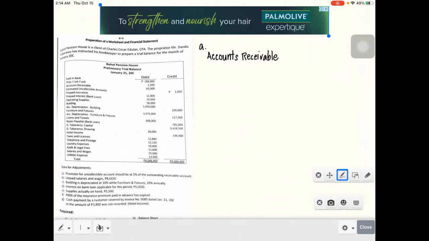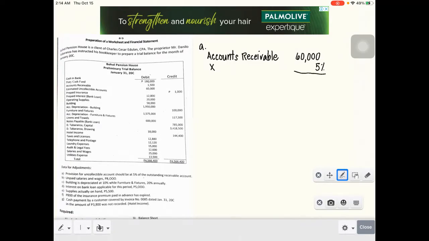So that is, the amount is 60,000, times the provision is 5%.